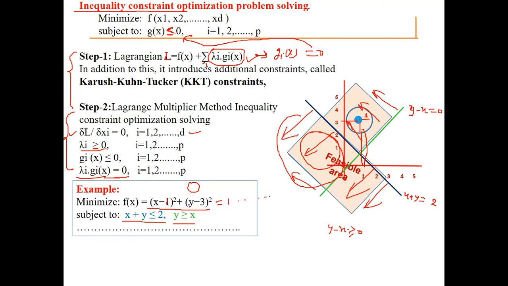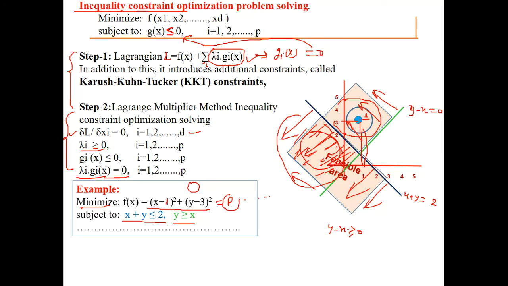What will be the minimum radius which touches this feasible region? So we need to increase the radius such that it is about to come into this feasible region. It is to minimize, right? Let us say it is equal to p.